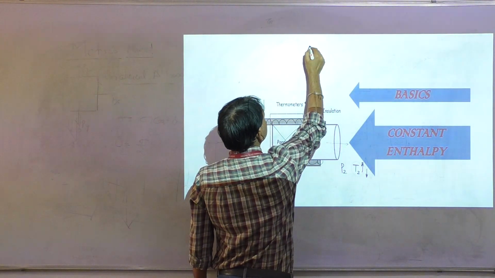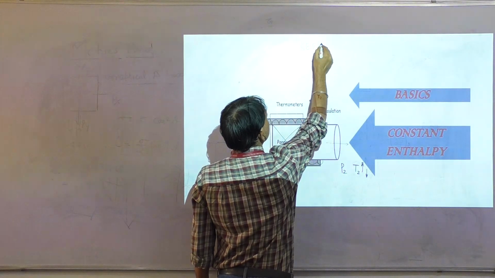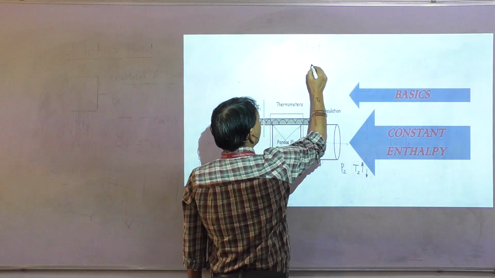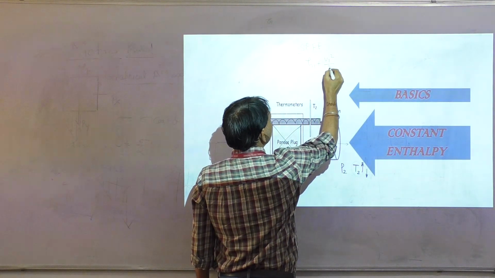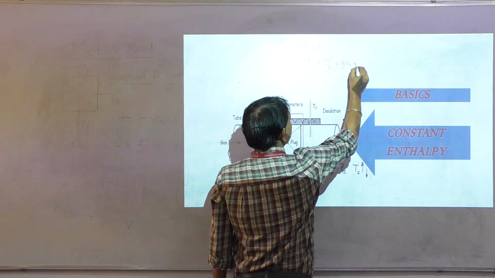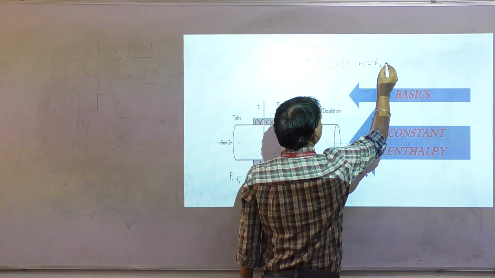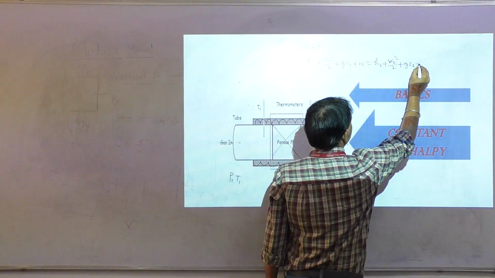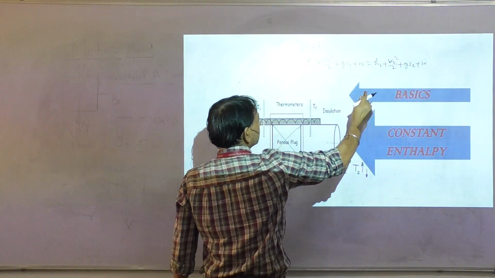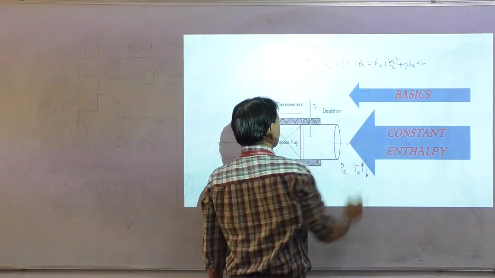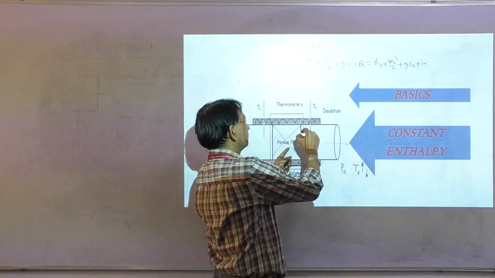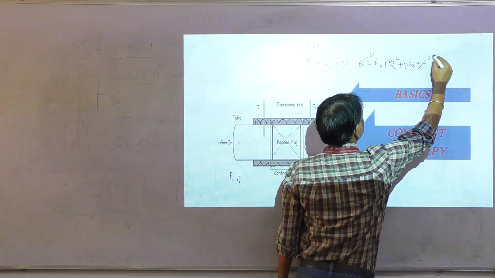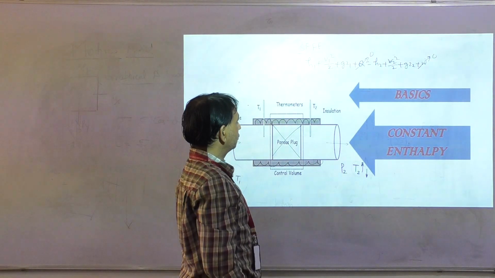This is the steady flow energy equation, which says that H1 plus V1 square by 2 plus gZ1 plus Q is equal to H2 plus V2 square by 2 plus gZ2 plus W. Here the heat coming out from this pipe is 0, so this value is 0. There is no work output from this device, so the work output is 0.